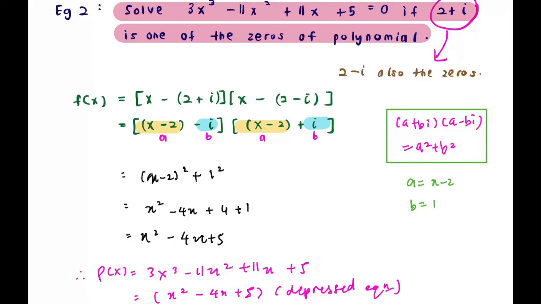So now, in order to find the depressed equation, you need to divide, because this factor times the depressed equation gives you the polynomial. So now we need to take the polynomial and divide by this factor here. However, you cannot use synthetic division. You need to use long division, because your divisor now is a quadratic.